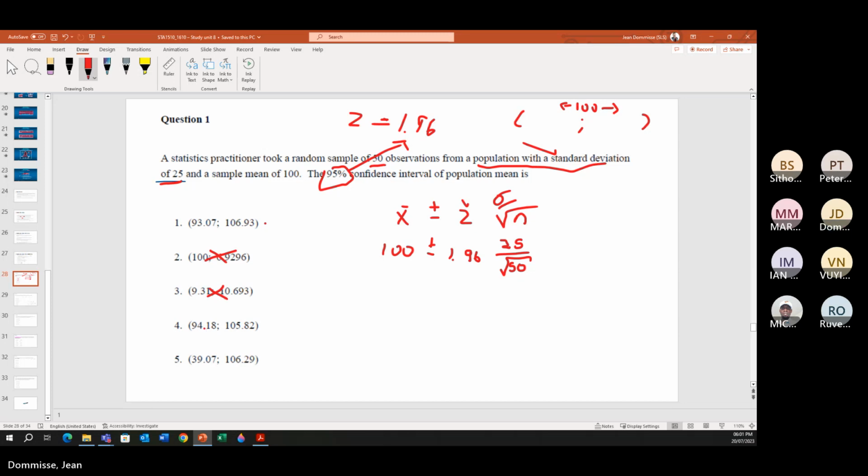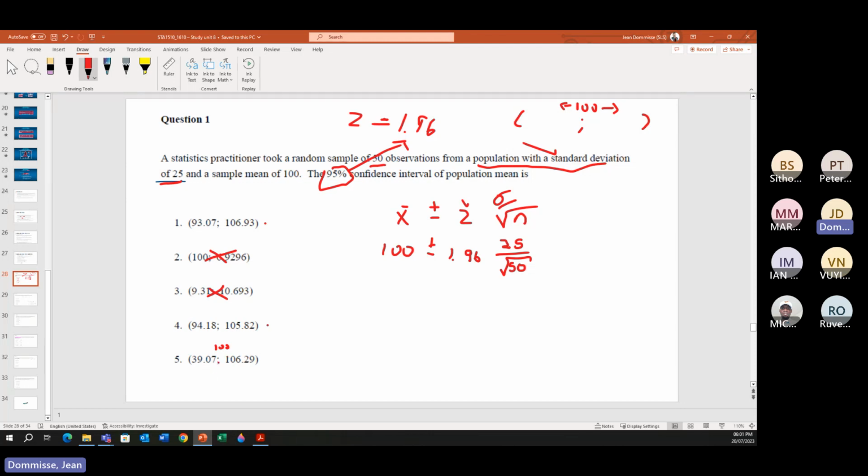Then we look at, okay, 94 is right. It's smaller, 105. Okay, so that can also be one of the answers. And then the last one, sure, if that 100 should be in the middle. If I put 100 in the middle, it's only 6.9 to the one side, nearly 60 to the other side.